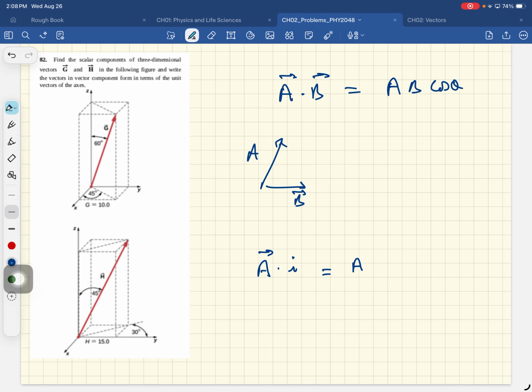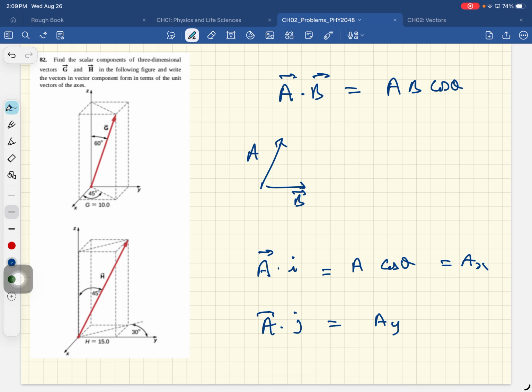All right, this is a 45-degree angle. So gy should equal gx. This side is equal to that side. So you see that for our problem, gx is equal to gy. So we already have that, which is 10. Now it's just a matter of finding gz.